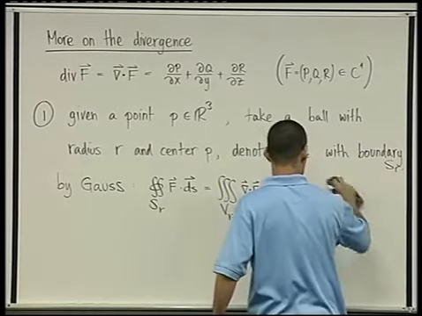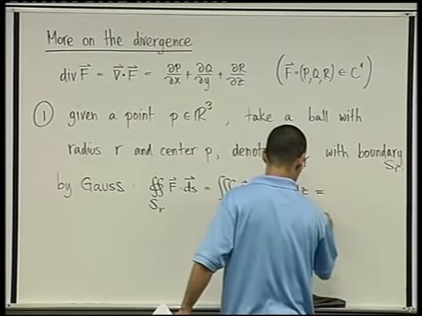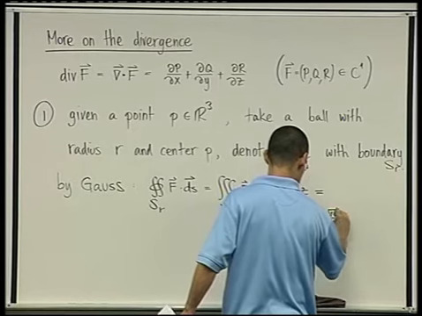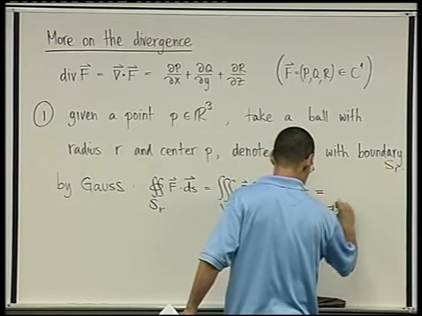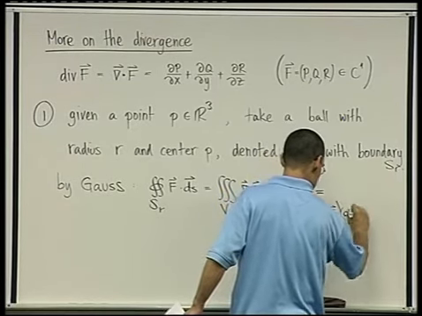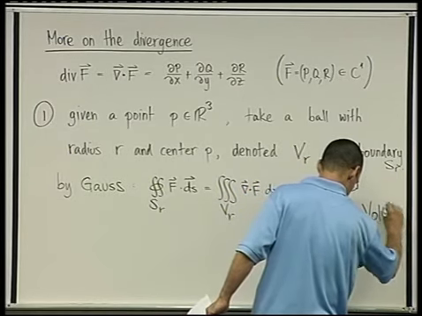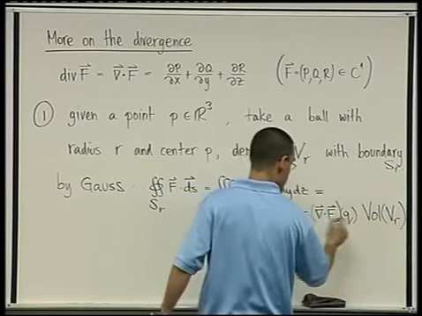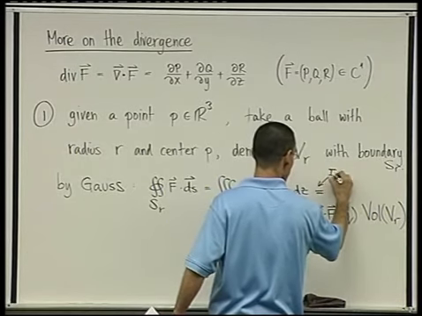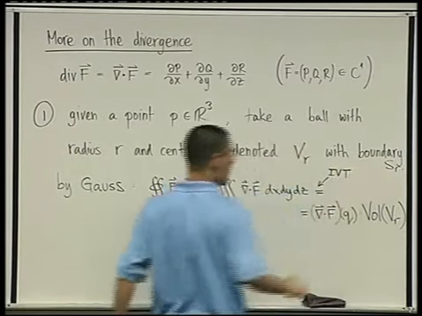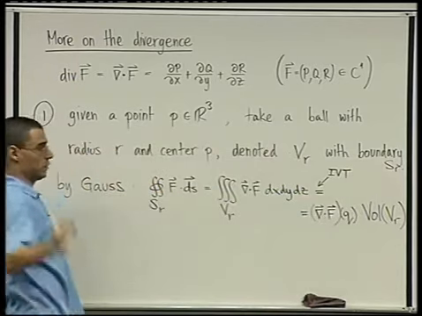Let's rewrite this here. Equals the value of the function at some point Q times the volume of the domain. So this is the intermediate value theorem for integrals, and in this case for triple integrals.